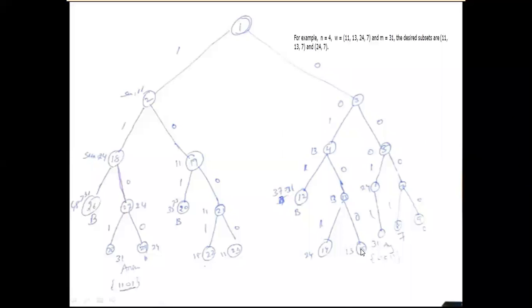This second element is 13. It is less than 31, so it does not satisfy the criteria function. The 15th node cannot generate further children, so the 13th node is fully expanded. The fourth node is fully expanded.